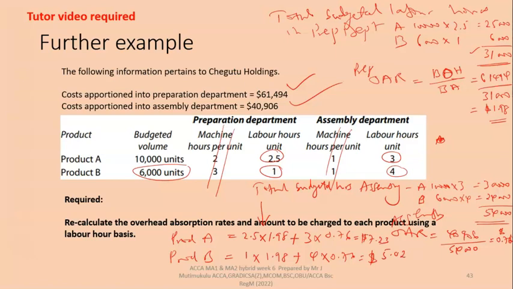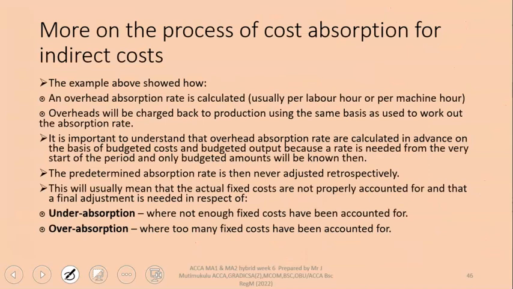Then we are done. Now we are left with the issues to do with over and under absorption. An overhead absorption rate is calculated usually per labor hour or per machine hour. Overheads will be charged back to production using the same basis as used to work out the absorption rate.